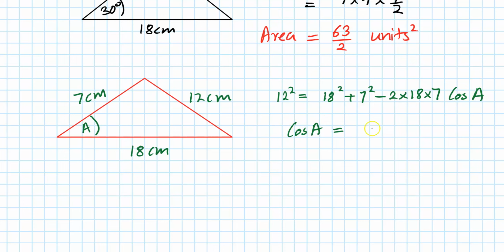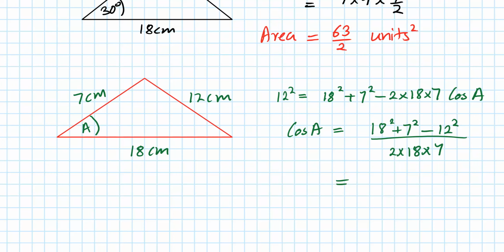Cos A is equal to 18 squared plus 7 squared minus 12 squared, simple arithmetic rearrangement, and then you divide both sides by 2 times 18 times 7, and then that will give me the value for A, in the first or second quadrant in this case.